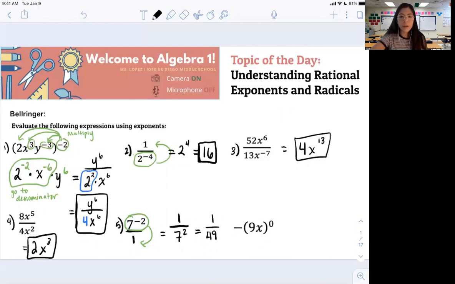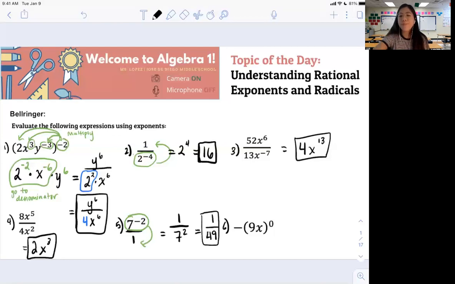That leaves me with just the last one, number 6. This one's fun. So negative 9x to the power of 0. What do we know about the power of 0? Would it be multiplying by 0? Nope. Would it be just negative 9x?